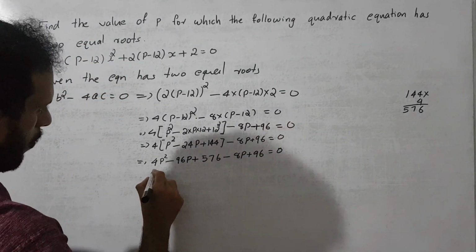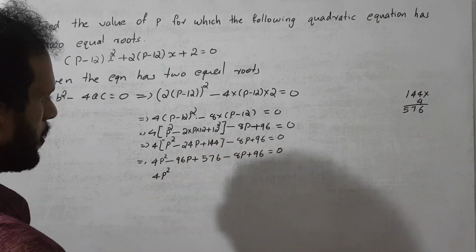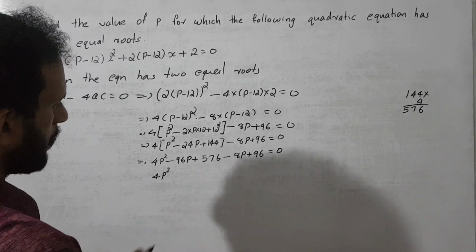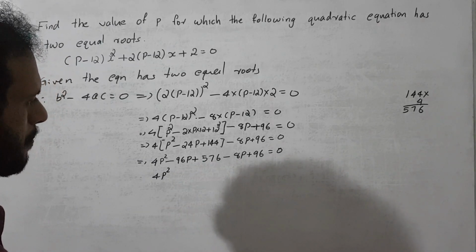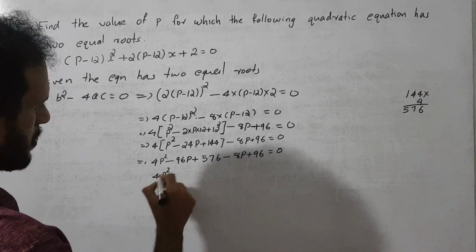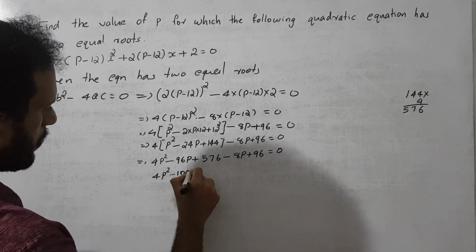Then 4p square, minus 96p minus 8p. What is minus 96p minus 8p? Yes, minus 104p, not minus 4p.